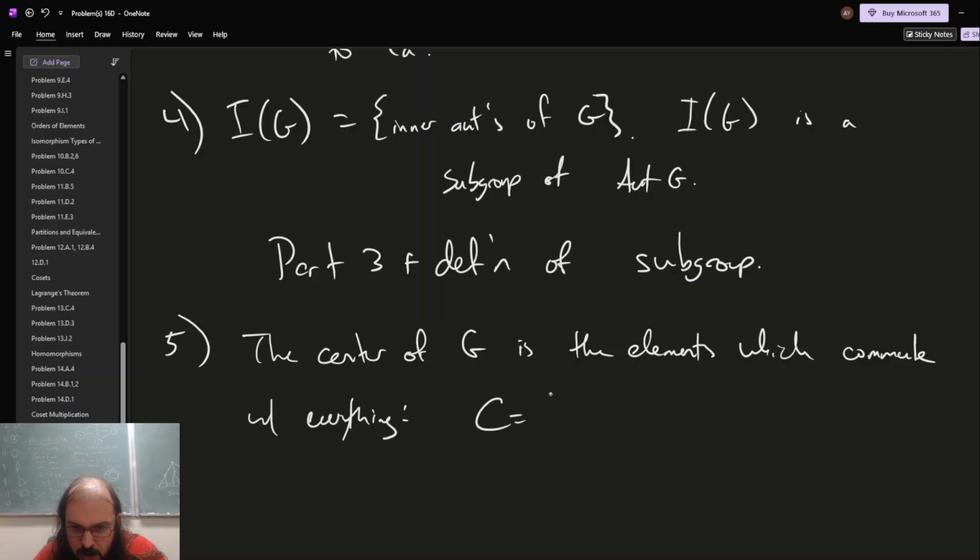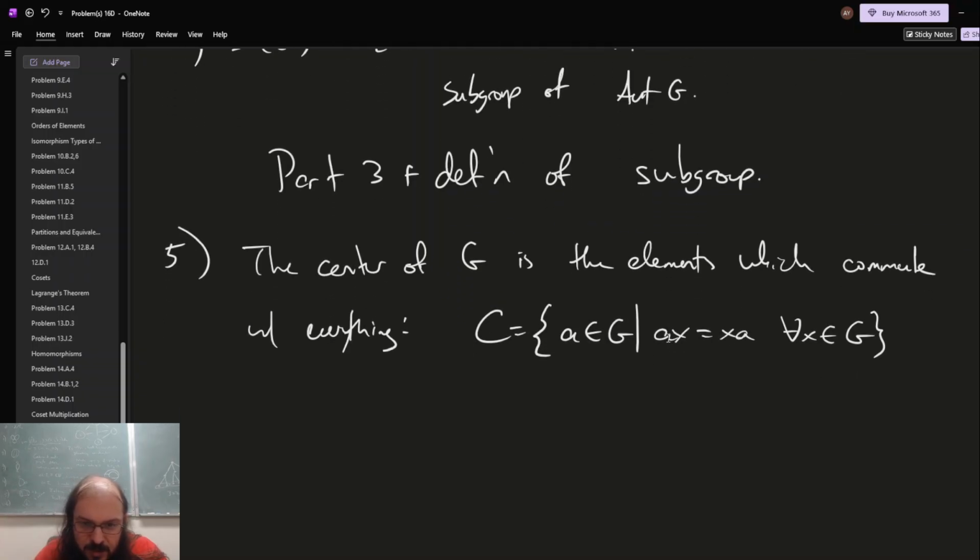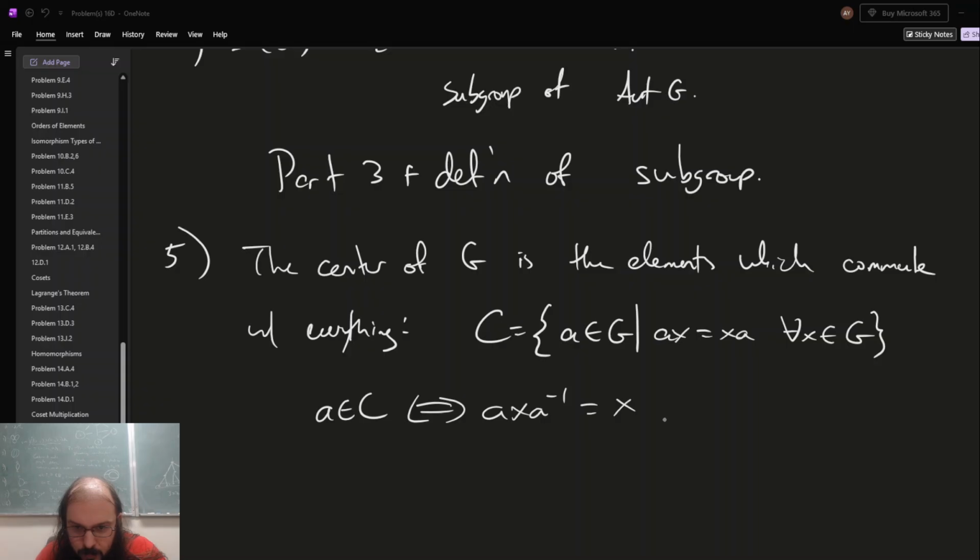He writes C equals those A in G such that AX equals XA for every X in G. And then he says, prove that A is in the center if and only if AX A inverse equals X. And this is trivial because if I just multiply both sides of this equation by A on the right, I get that equation.